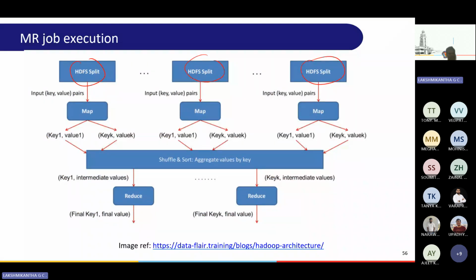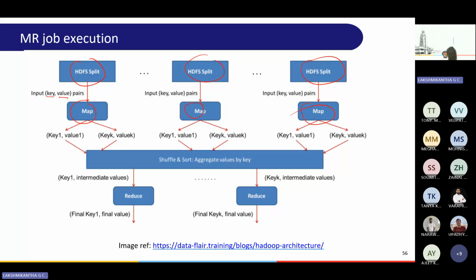This is the raw input data partitioned into multiple chunks, or splits. These splits are then fed into the mapper phase. Each map task receives an input key and input value pair from its split.